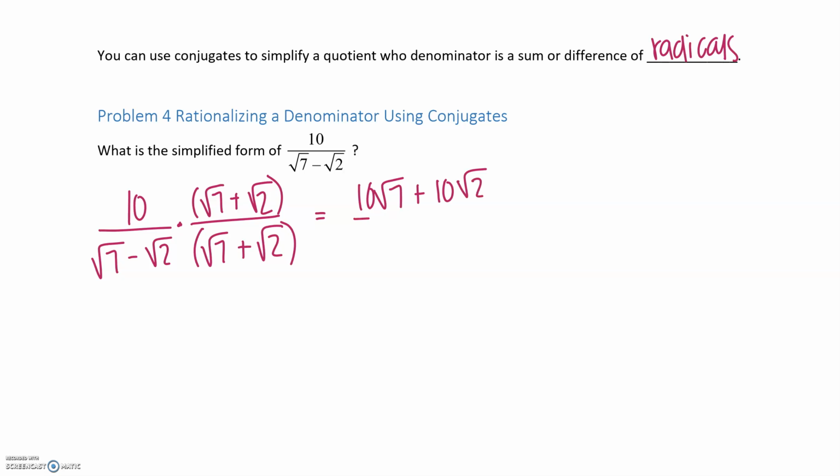to be 10 square roots of 7 plus 10 square roots of 2. Our bottom, we are going to square the first terms: square root of 7 squared minus the square root of 2 squared.